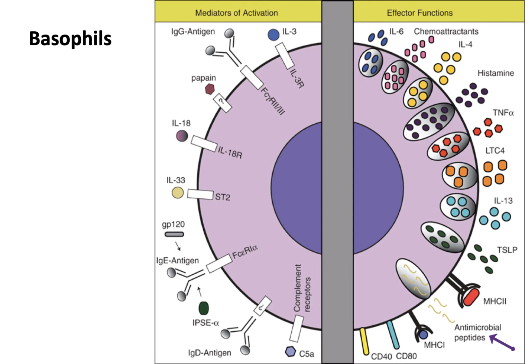There are antimicrobial peptides that are formed here for certain microbes. Those are very effective at killing those organisms. And then they have these CD40, CD80 receptors, and that's part of the interaction between these cells and other cells such as T cells, dendritic cells, and macrophages.